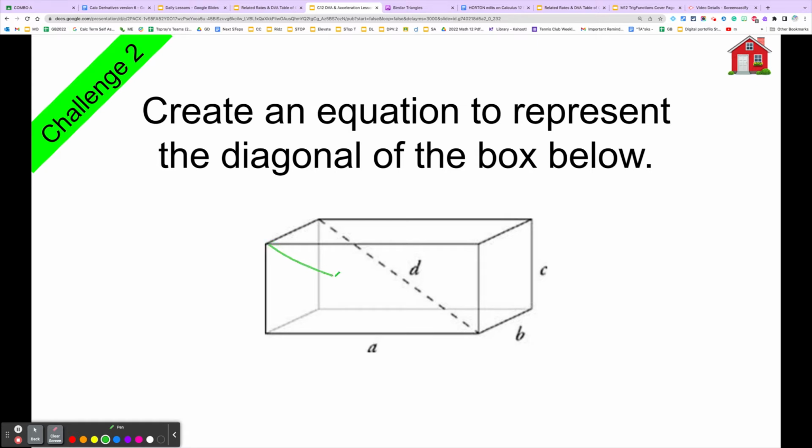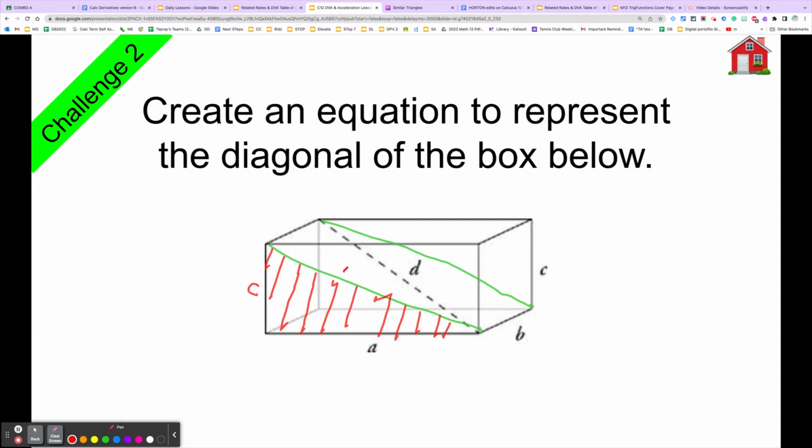Okay, so welcome back. What I'm going to do is draw like so. This first triangle here, which I'm going to shade in red, this distance here would be c because that's the height.